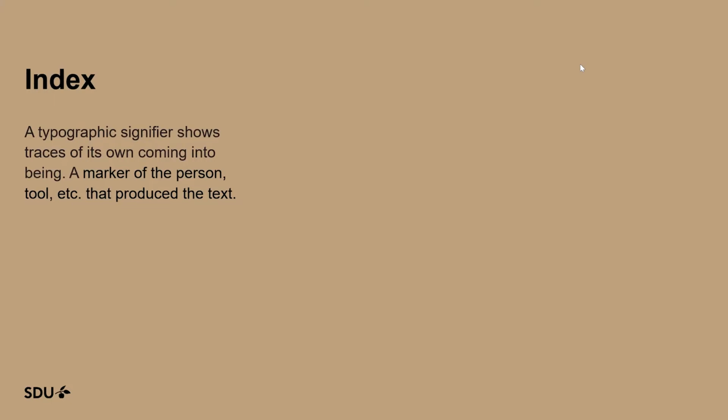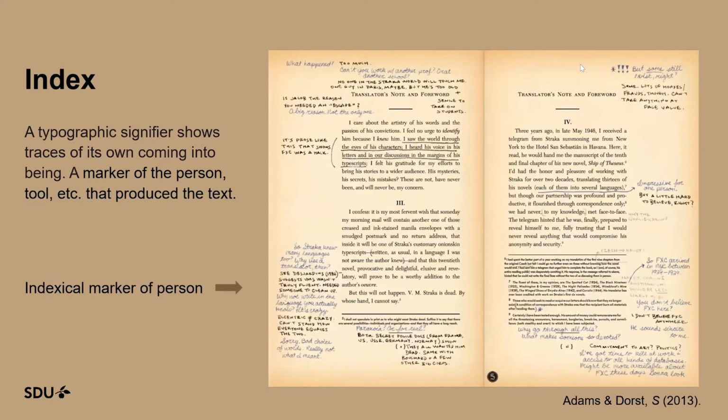Now, in the first example here from J.J. Abrams and Doug Dorst's novel S, we see examples of indexical meaning. This is a novel that has been designed very deliberately and very carefully.